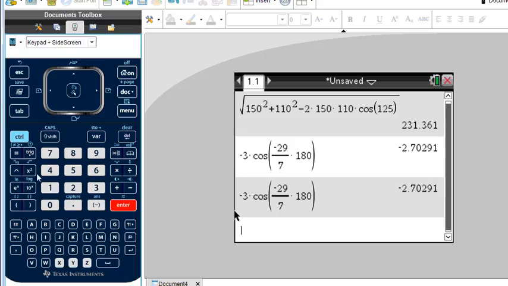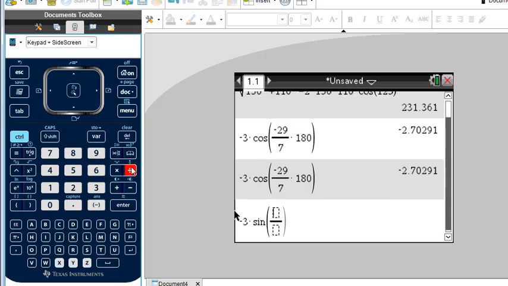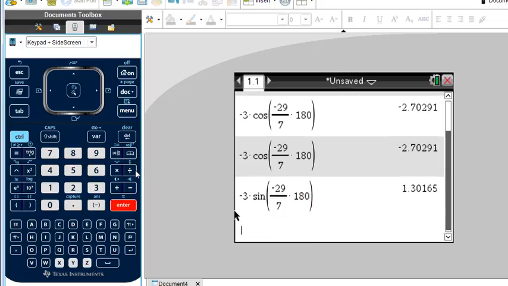I put the wrong one, didn't I? Let's try negative 3 times sine. I'm going to put cosine there. Okay, negative 29 sevenths times 180. There we go. This is going to be a positive 1.3. So to the nearest hundredth, 1.30 we'll call it.